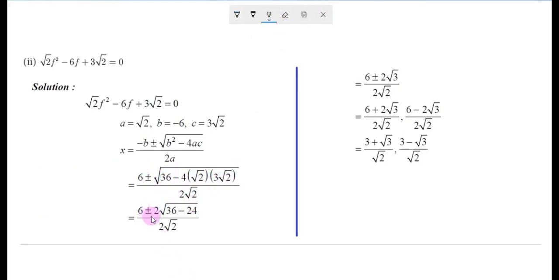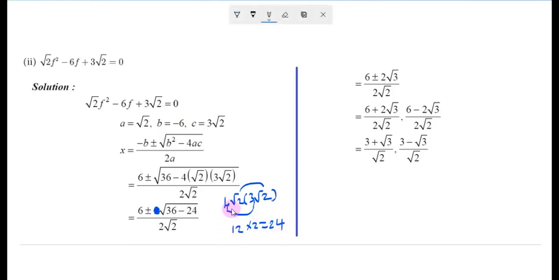Now 6 plus or minus, let us simplify this. Actually here 2 won't come. 6 plus or minus root of 36 minus 4 root 2 into 3 root 2. Now look, 4 3s are 12 and root 2 into root 2 is 2, so 24.